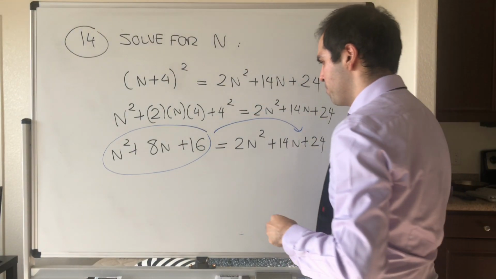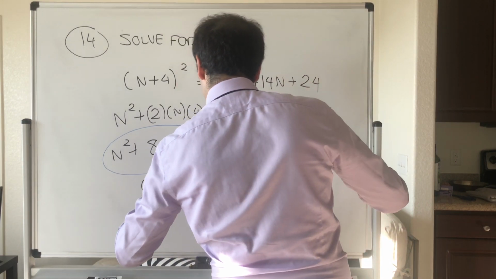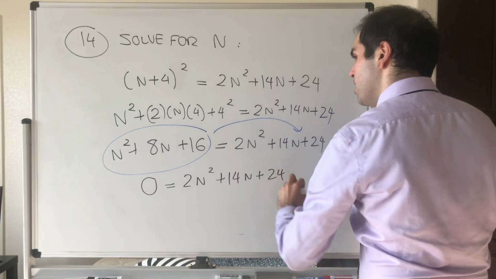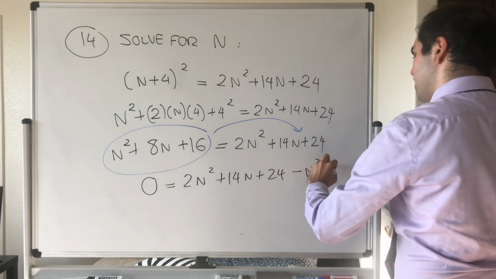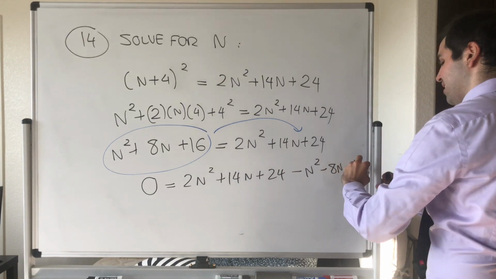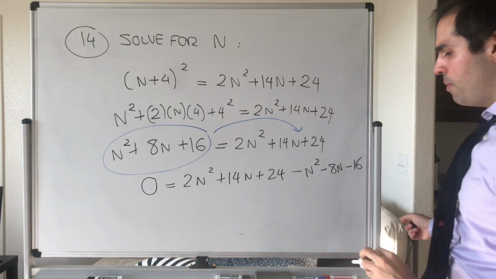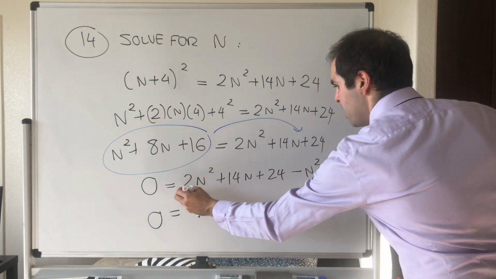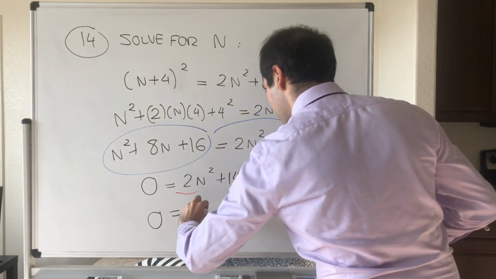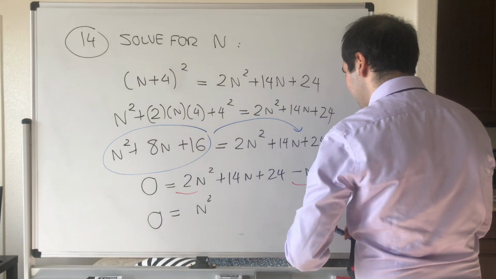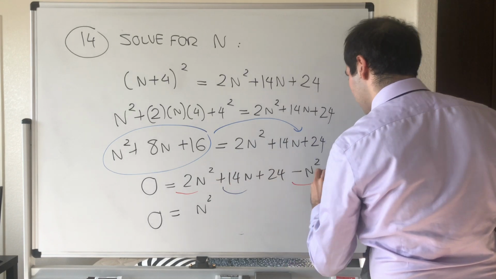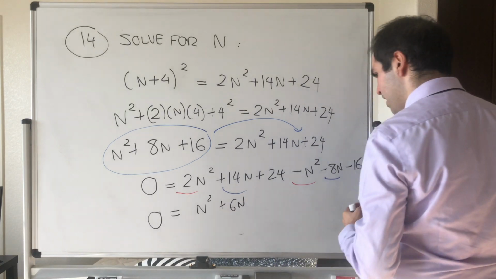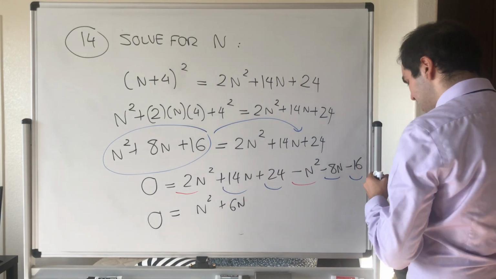So 0 equals 2n squared plus 14n plus 24 minus n squared minus 8n minus 16. And that simplifies quite nicely. 2n squared minus n squared is just n squared. 14n minus 8n is 6n. And 24 minus 16 is 8.